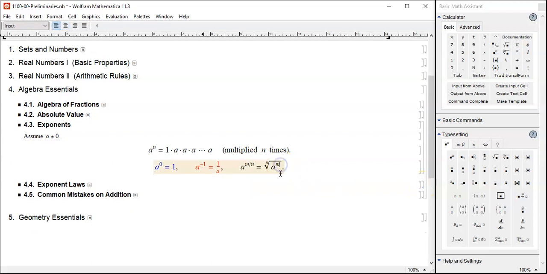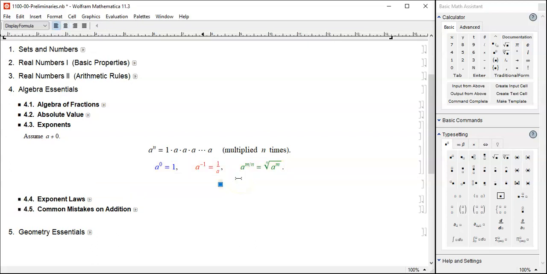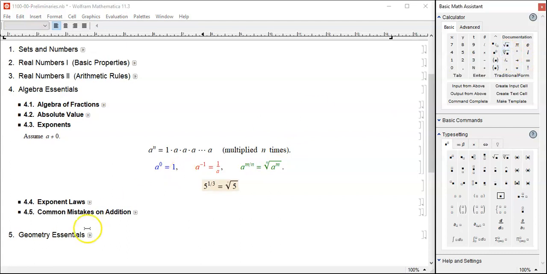The radical becomes fractional power. Fractional power is a radical. So for example, if you have 5 to the 1/3 power, that's actually the cubic root of 5, for example. And then what if I multiply the same thing 4 times?